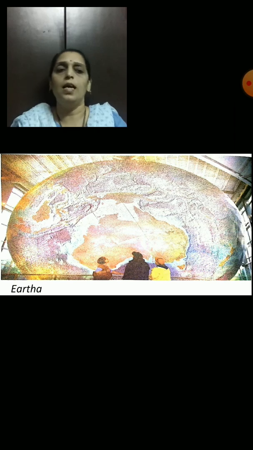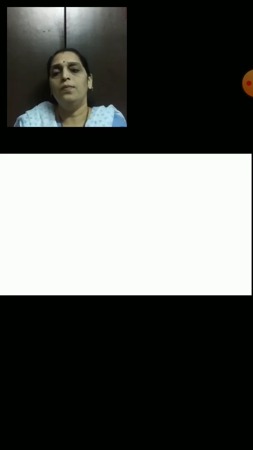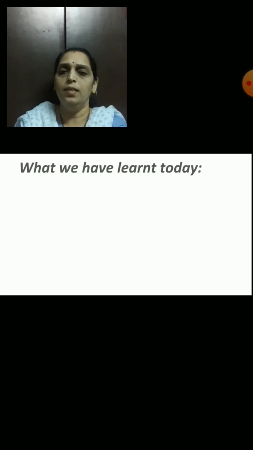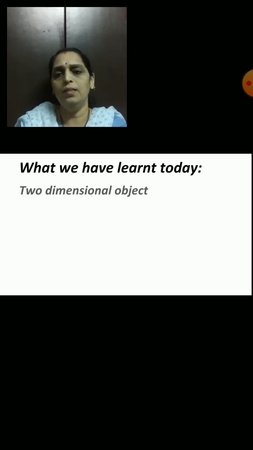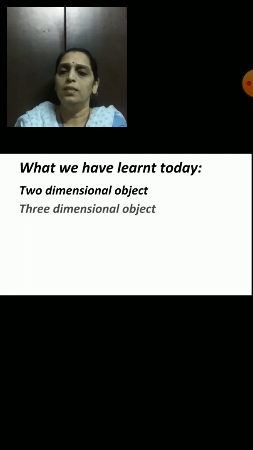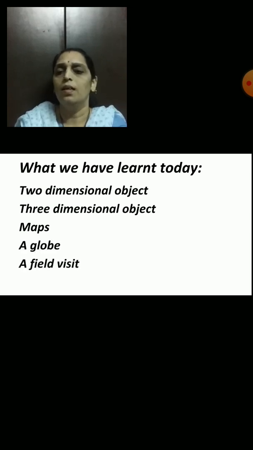The rotation and revolution speed of this globe is maintained as per that of the Earth. You understand, students? Very good. Now let's see what we have learned today. We have learned two-dimensional objects, then three-dimensional objects, maps, a globe, a field visit, and Eartha.